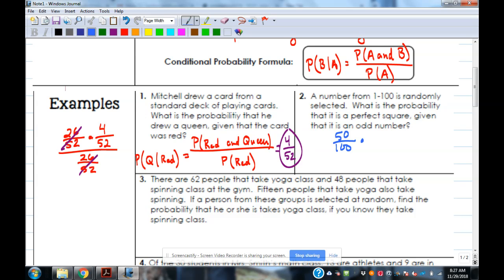Well, what about 1? We forgot 1, right? 1's the square of 1, right? So there's 10. That's the one we forget about. And then divided by 50 out of 100. Again, independent events. Cancels that out. 10 out of 100. 1/10.